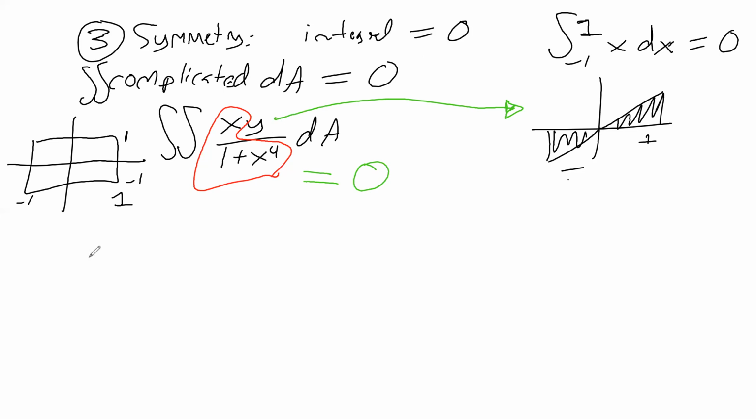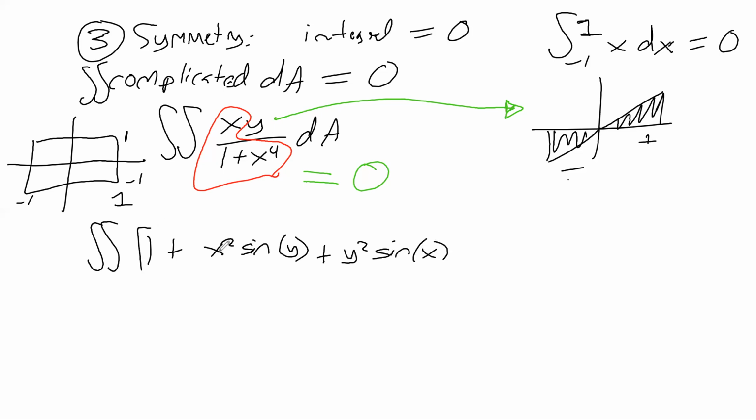And what about another example? If you look at 1 plus x squared sine of y, see it's looking complicated, so you should see that there's a trick going on here. Then you put a dA here. You see, wow, oh my god, that is so complicated. I'm going to have to spend an hour doing this. But that should tell you there's a trick.